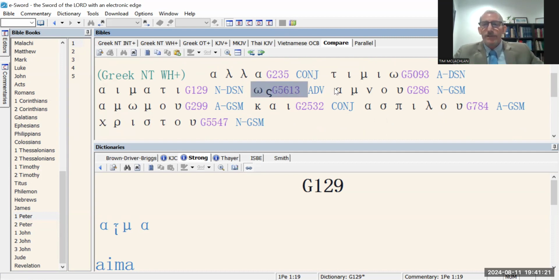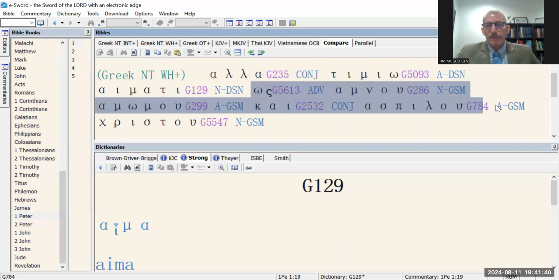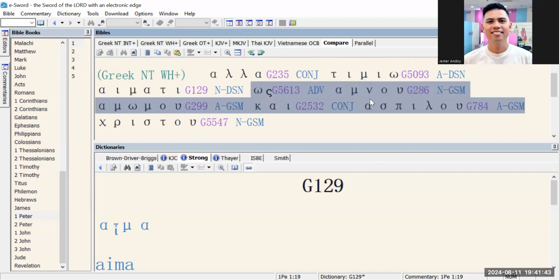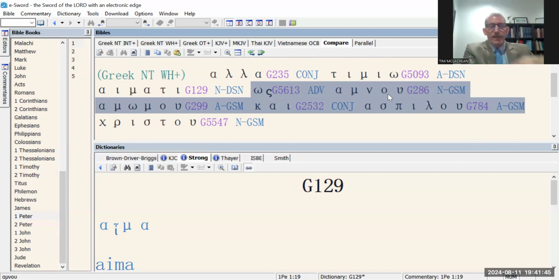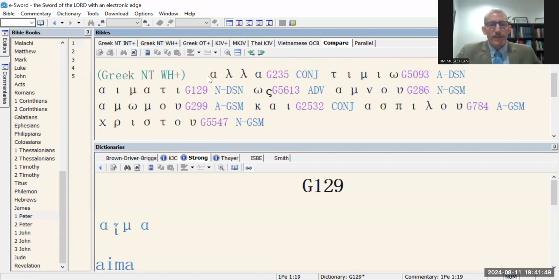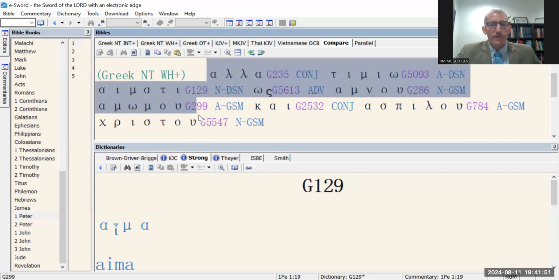Now the writer, Peter, is going back to the Old Testament sacrifices, reminding us that the lambs were all selected very carefully, had to be a lamb chosen without spot and blemish. So it probably is a little bit more complex than I was hoping for, because you have to break this into two parts. The middle part is separate, and then you have the surrounding phrase, or the crux of it: but by the precious blood of Christ.